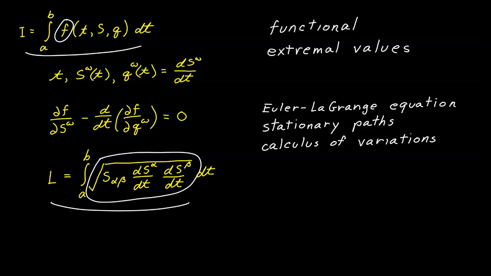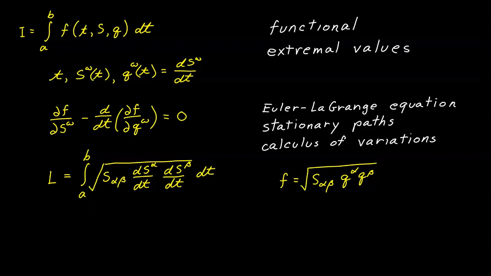In other words, our function f is going to be equal to s alpha beta times these two terms, but remember our definition up here, our q values are the first derivatives like this, so the first term here is just q alpha, and the second one is q beta, and all of this is under the radical, and this then is the function that we need to be working with in the Euler-Lagrange equation.